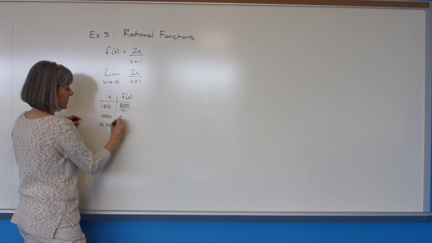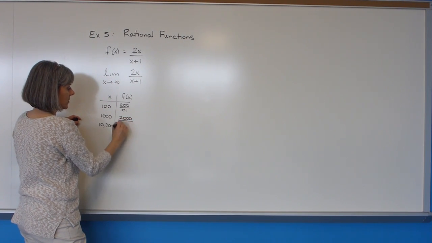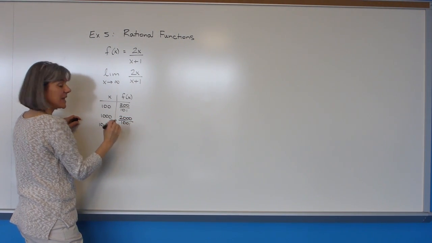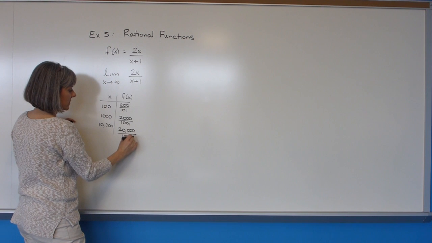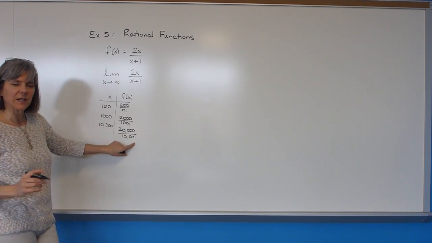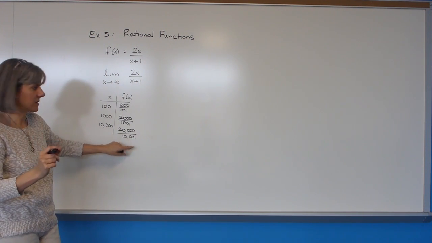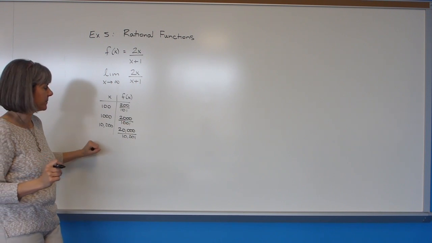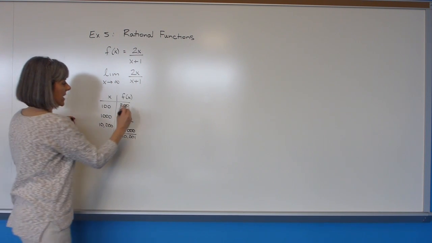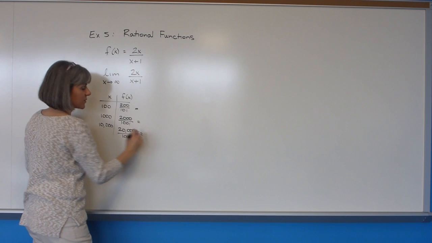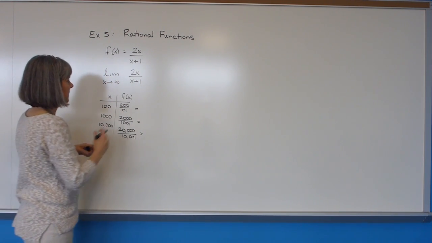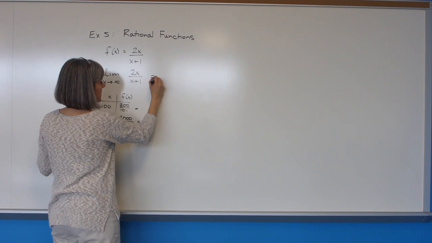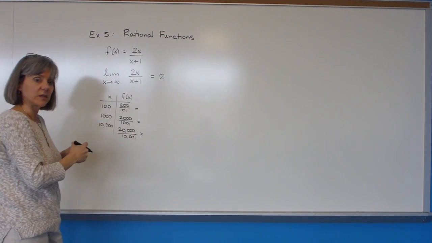If we put in 1,000, we'll get 2,000 over 1,001, even closer to 2. 20,000 over 10,001. You can see that that 1 is getting to be a smaller and smaller piece of the final value. If you find the decimal values of these, you'll find that they're getting closer and closer to 2. So we know that this is 2 just by doing some work this way.